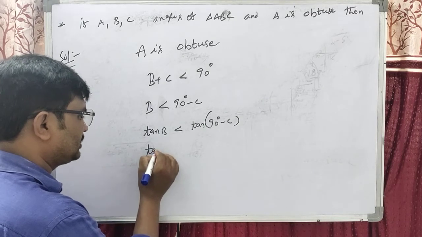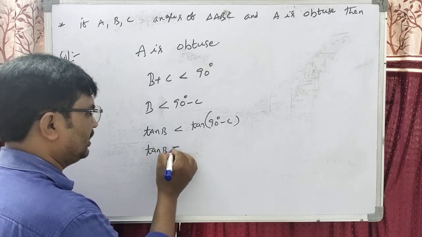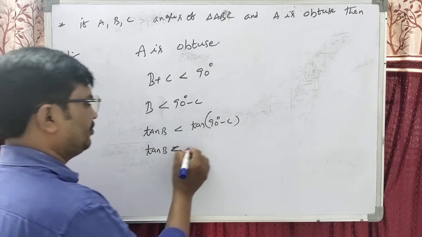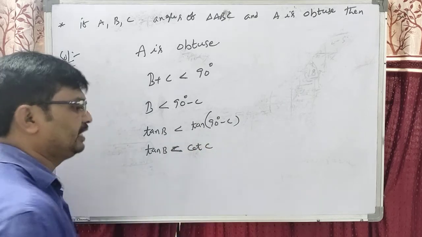Dear students, tan of 90 minus theta is cot theta.